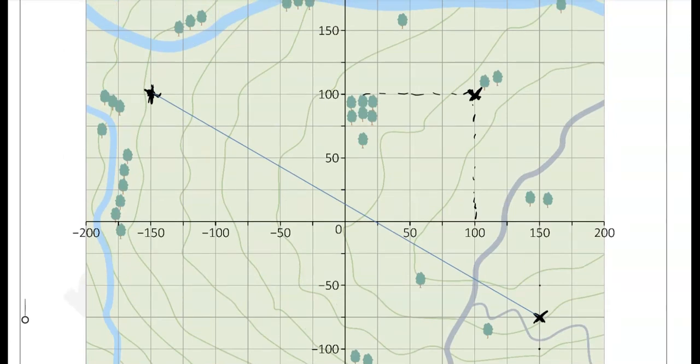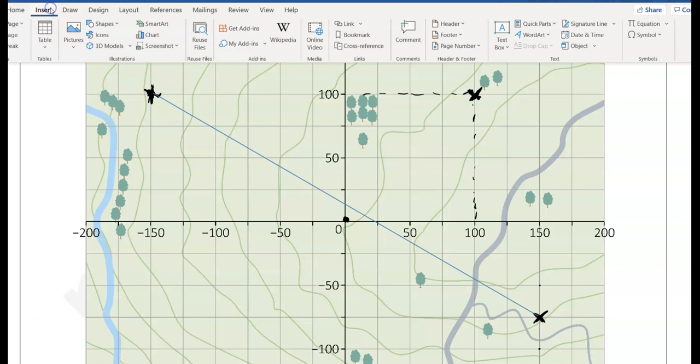Here is the point. And we're going to show the angle using a line.